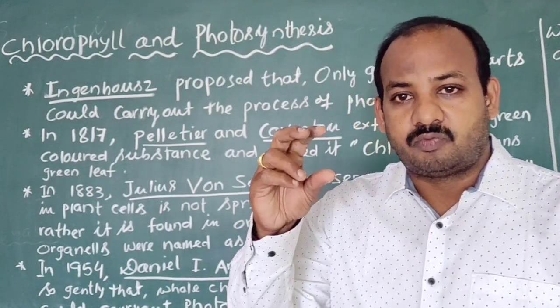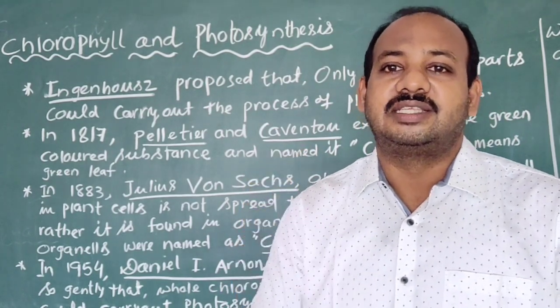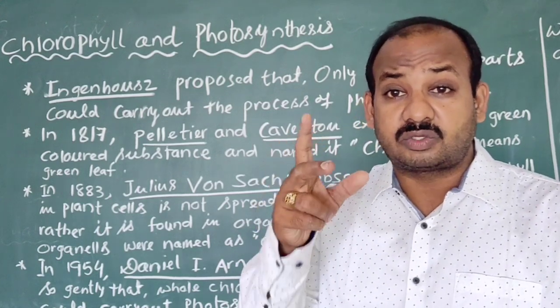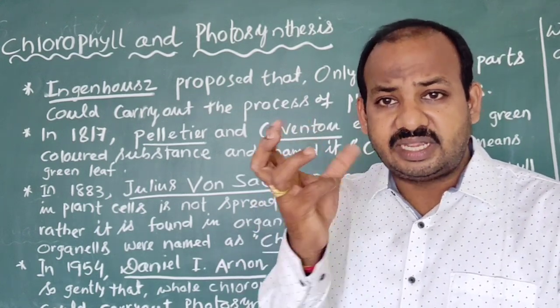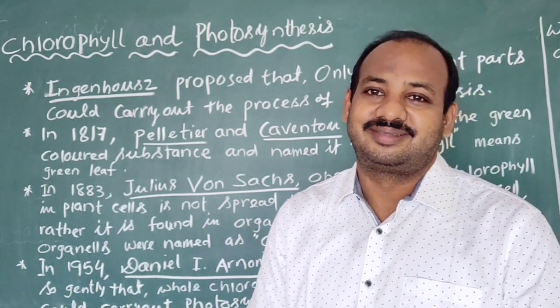So for photosynthesis to occur, intact chloroplast is necessary. Okay, children? Chloroplast should not be broken up. Only intact chloroplast can perform photosynthesis.